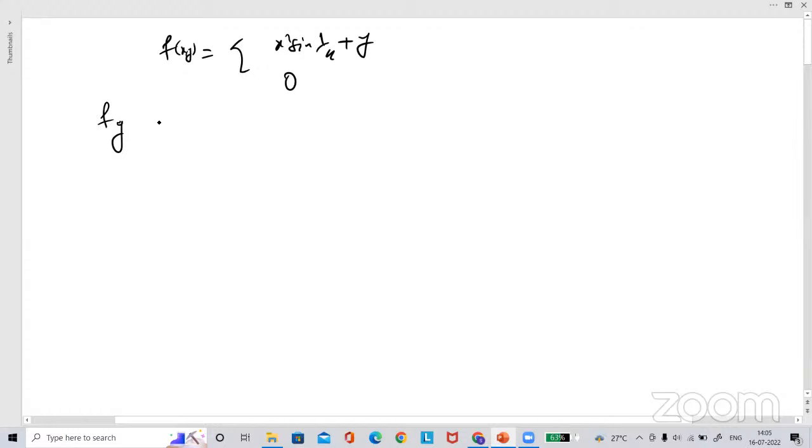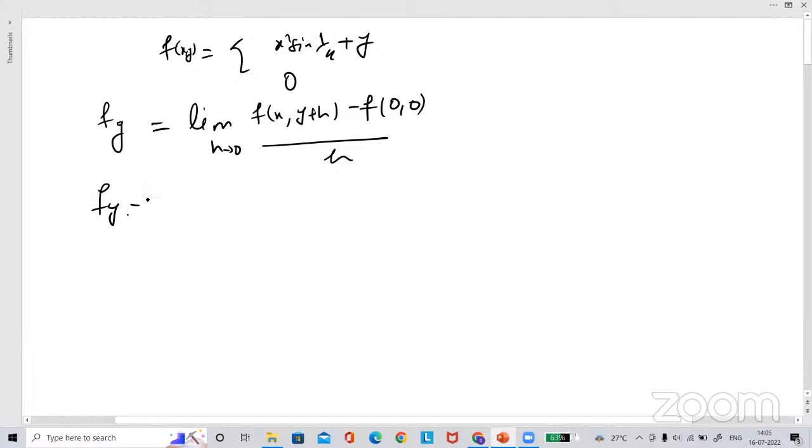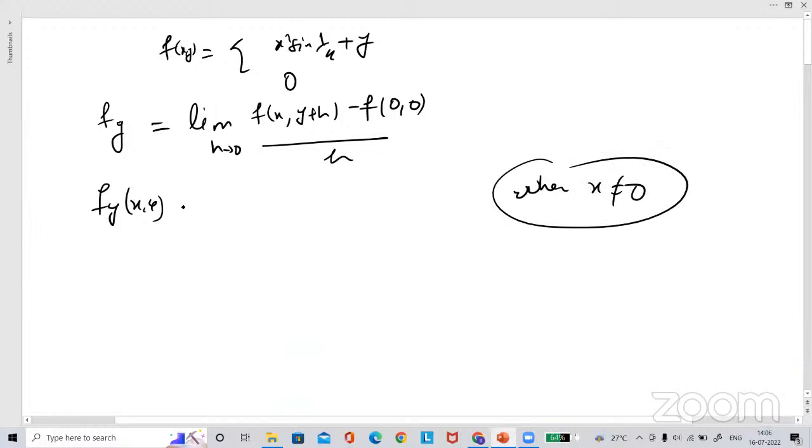There are two ways: either use the limit as h tends to 0 of f(x, y plus h) minus f(x, y) upon h, or, assuming x is non-zero, write the right side as it is and take the partial derivative.